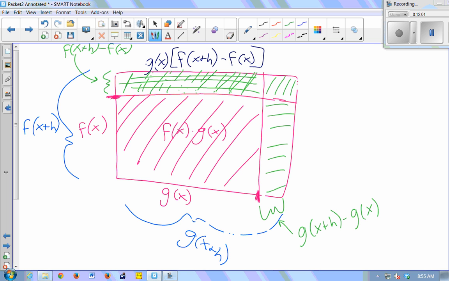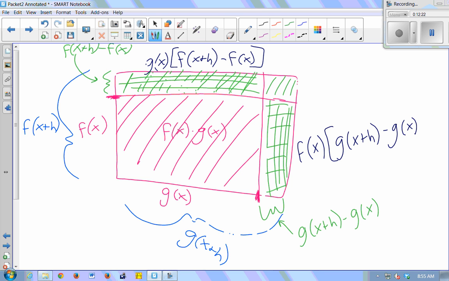And then this side rectangle, excluding the corner, what's its area? Times f of x, yeah. That's the area there.